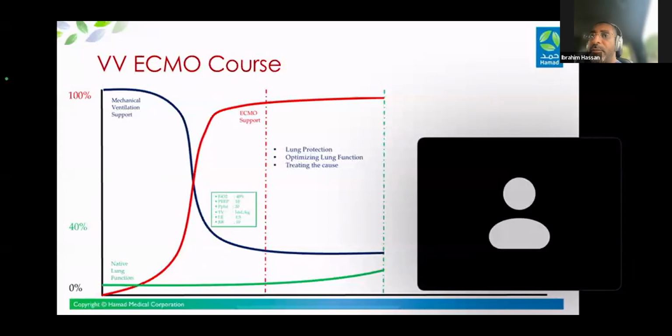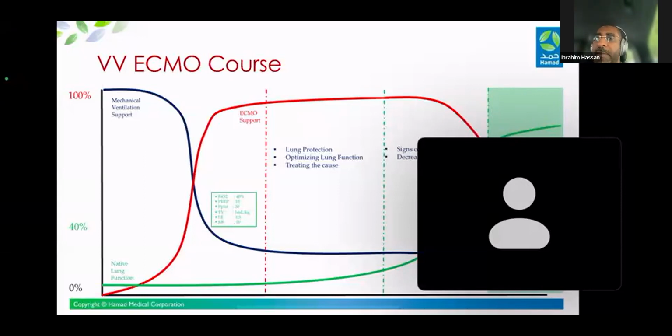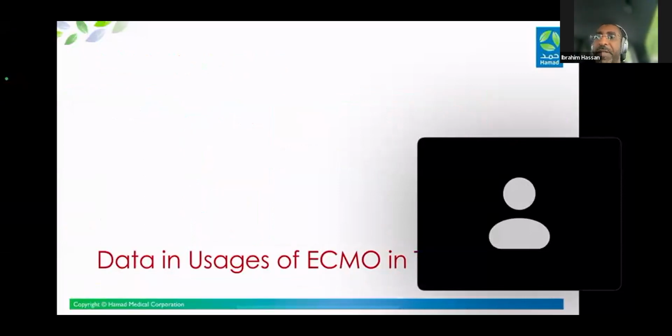In trauma patients, this usually takes between a week and 3 weeks, I think is the average. Usually within 2 weeks, most of them get better unless they develop another complication. And then you will slowly see the lung start to improve, and you go to the weaning, you drop your ECMO flow, your weaning strategy, and then you wean them from veno-venous ECMO.